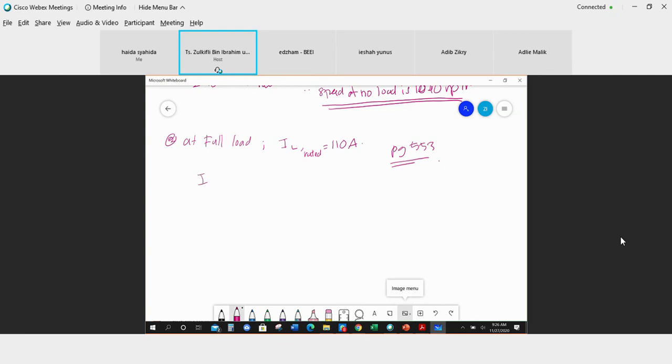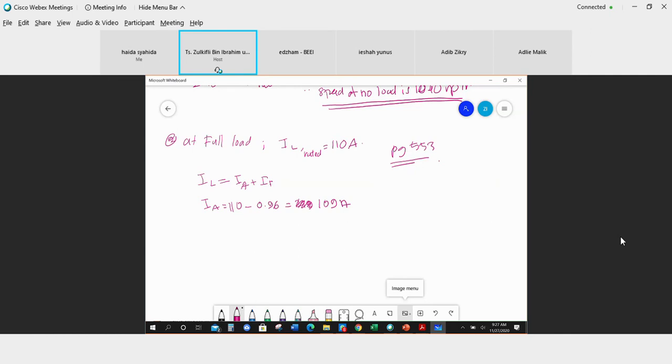So definitely IL is equal to IA plus IF, and then your IA is equal to 110 minus IF, which is 0.96. So this is equal to 109 ampere. So at 109 ampere, we get the IA.